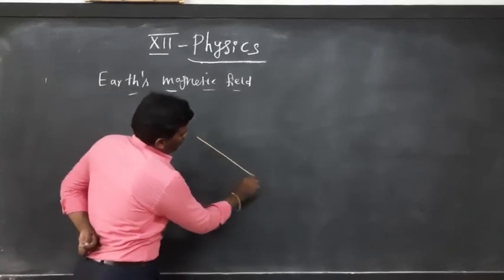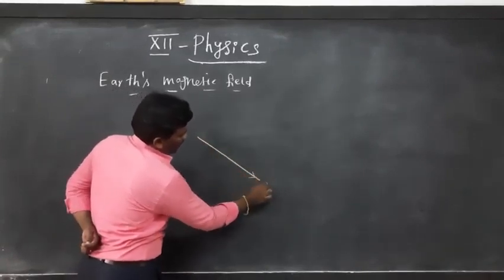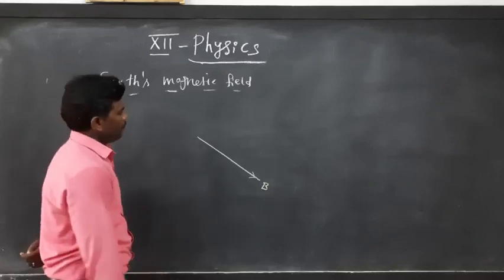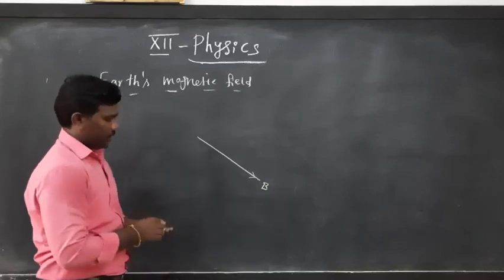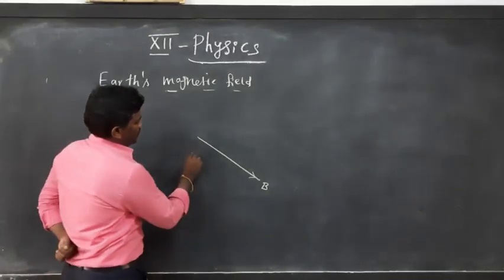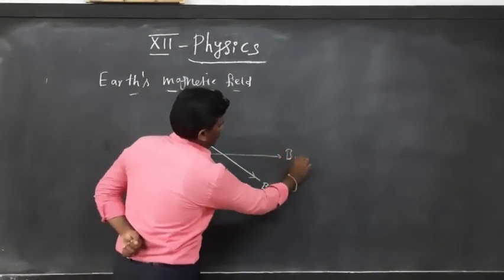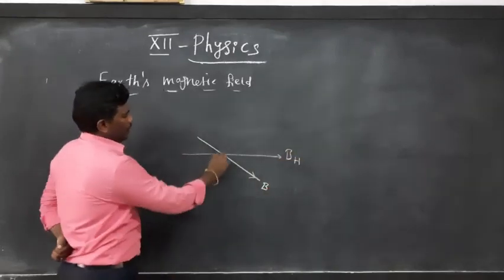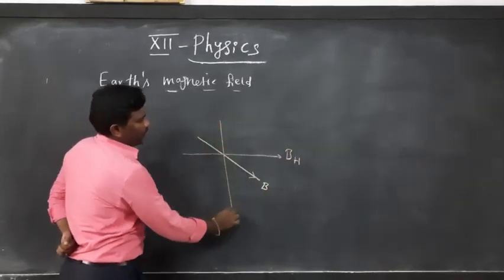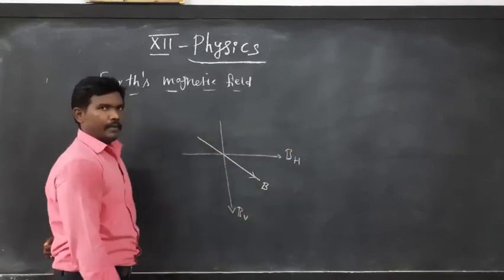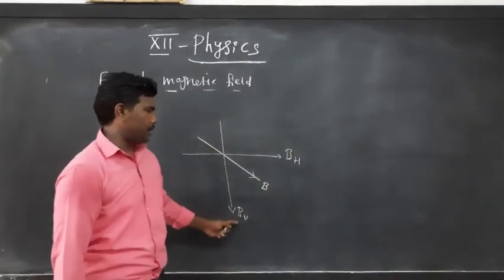And again, this is the direction of the total earth magnetic field, and this is resolved into two components. One is the horizontal component, I am taking this as BH, and another is a vertical component, which is taken as the letter BV. BV is the vertical component of earth's magnetic field.